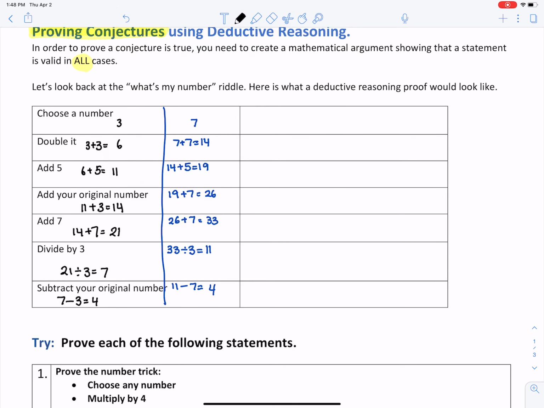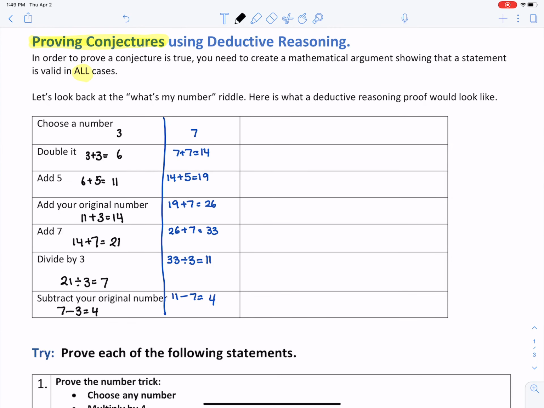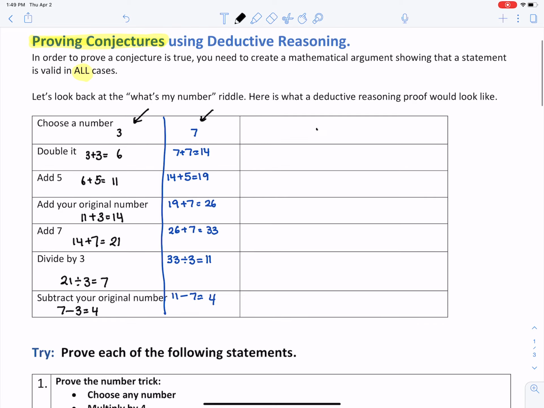Okay, so now in order to actually prove this, when we were doing the examples to look for the conjecture, we're actually choosing very specific numbers. So when we're doing a proof, we just need to choose a number. So I'm going to say let x be my number. If I want to double it, I can go x plus x, and those are like terms, 1x plus another x means I have 2x.